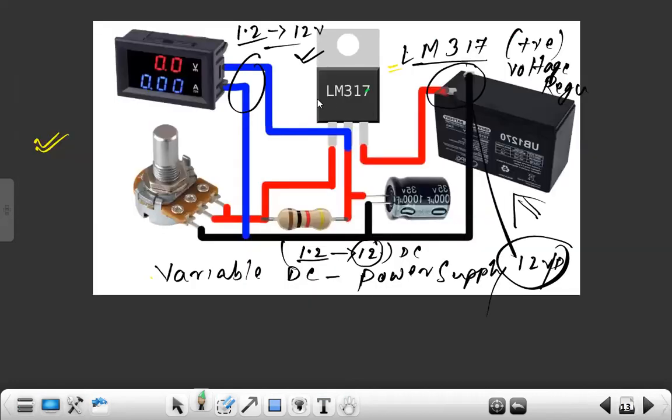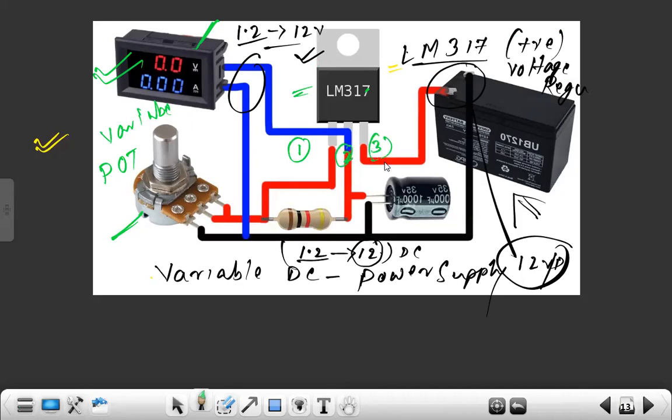So this is finally the LM317. We use a voltmeter to know the output. Here we use a variable resistor, or we can say a potentiometer. This is pin number 1, pin number 2, pin number 3.